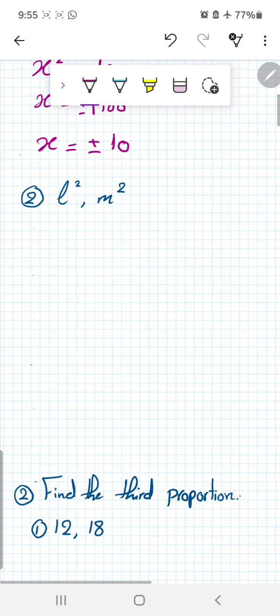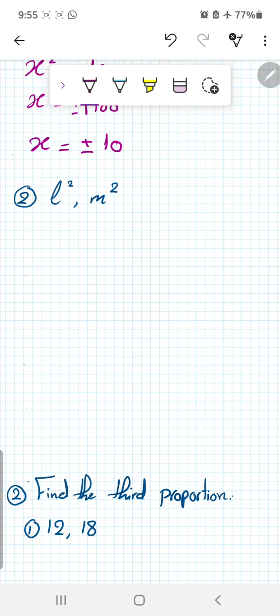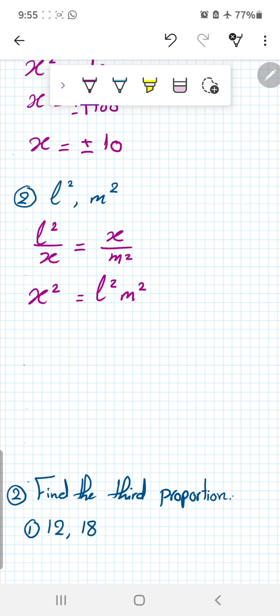Okay, another example, also find the middle term. As we said, let the middle term be X. So we have L power 2 over X equals X over M power 2. Also cross multiplication. So X times X, which is X power 2, equals L power 2 times M power 2.